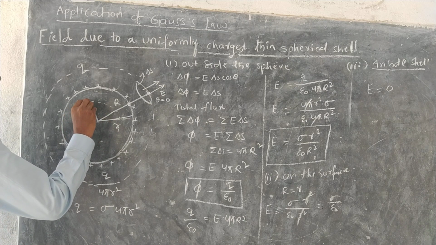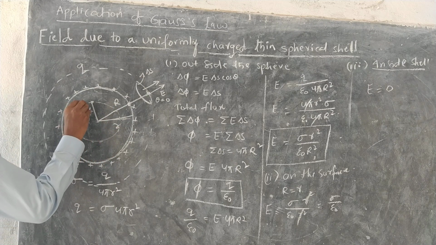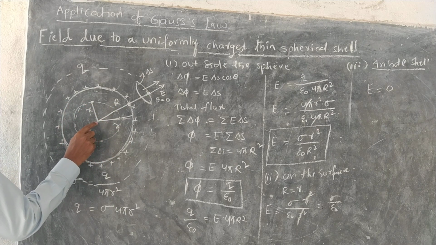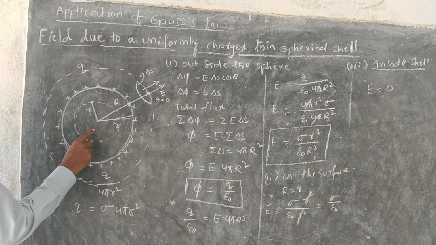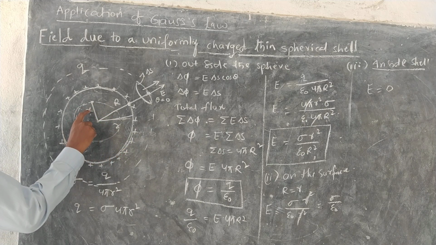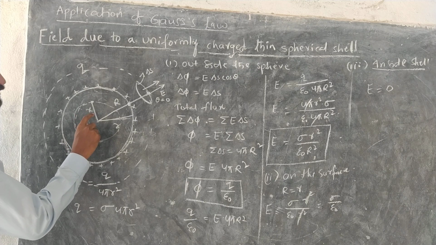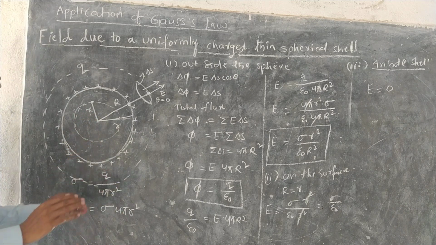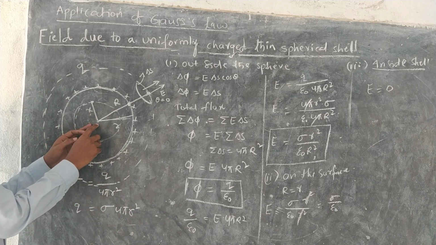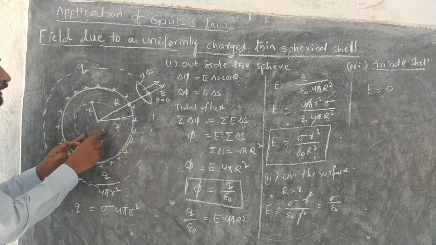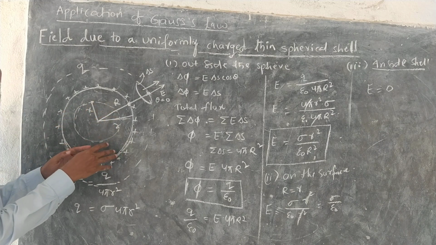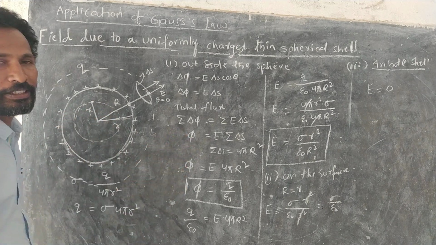With x radius I constructed a Gaussian surface. This Gaussian surface does not have any charge. This Gaussian surface does not enclose any charge, so no charge, no field. Understand? So inside, the electric field is 0 for hollow spheres, for hollow bodies. Anywhere inside, at any point inside, the field will be 0. You can write directly E is 0.